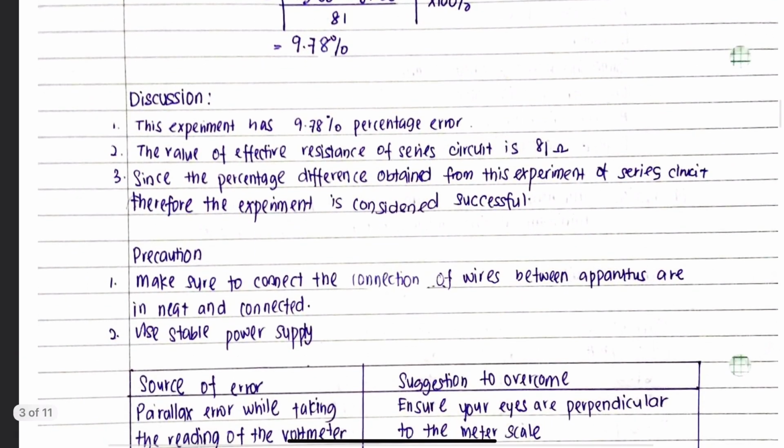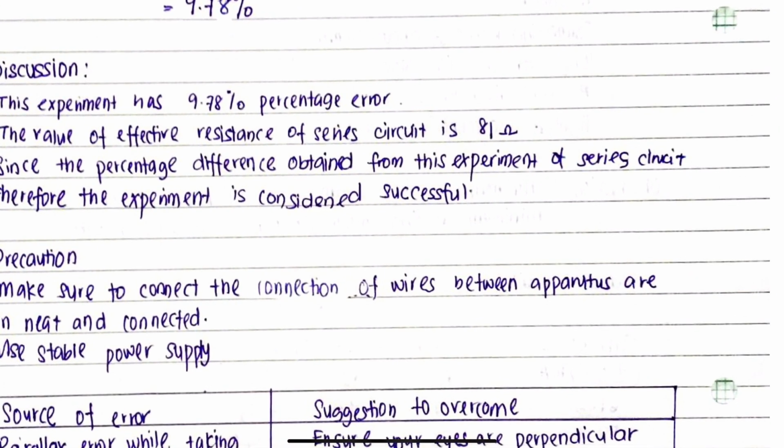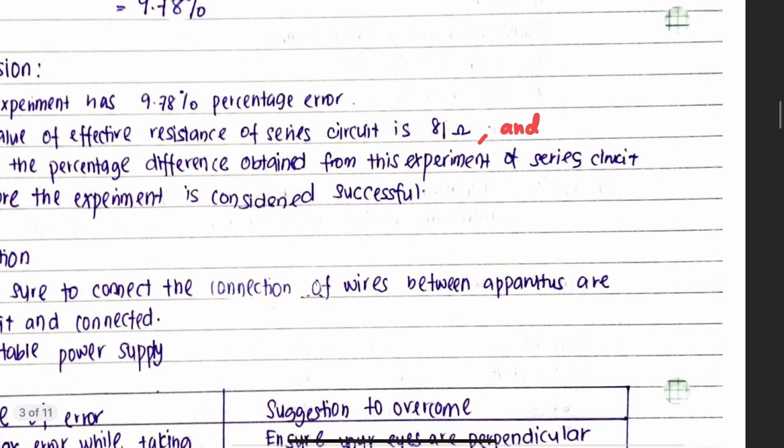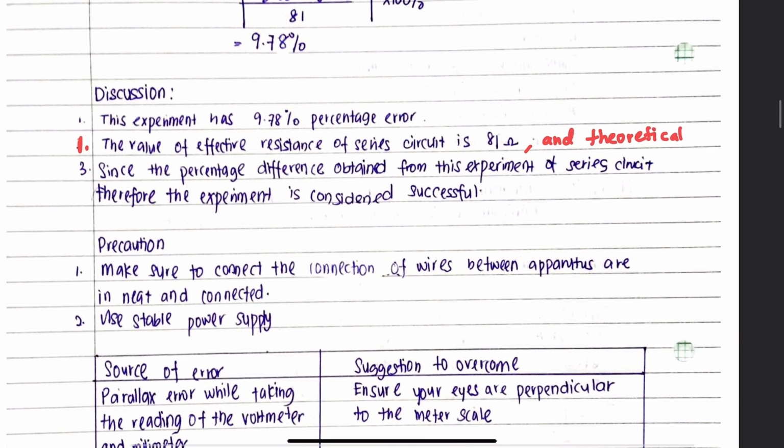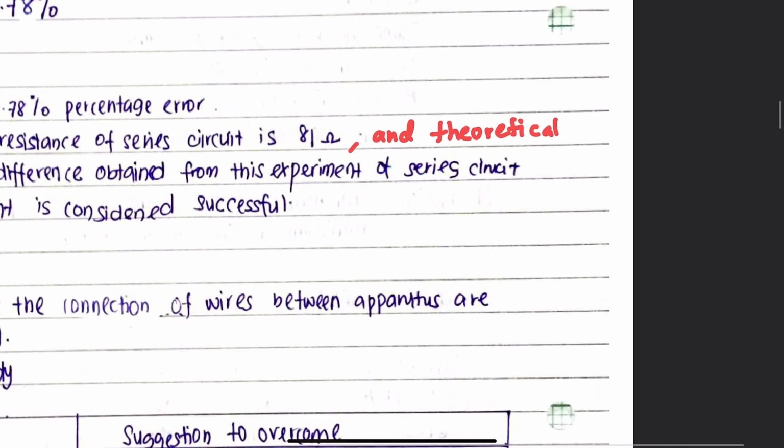Okay, now first things first, you have to write down the value that you get from the experiment, which is this one. The value of effective resistance of the series circuit is 81 ohm, or you can say Y. Theoretical value is, maybe I can write it down over here.